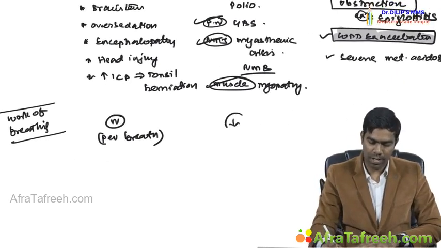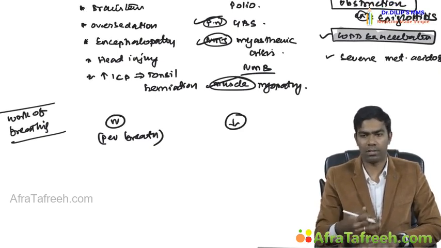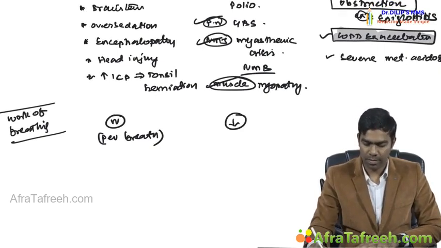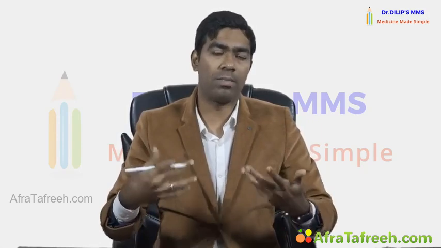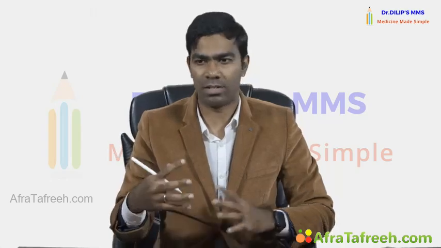Whereas in neuromuscular paralysis, the work of breathing will definitely be reduced because they cannot take sufficient tidal volume. But here it will be very, very high, because it's a sign of fatigue, which means they are breathing so fast and deep, and they are not able to cope with that. So it's a sign of fatigue. So work of breathing will be very high, because it's an exhaustion-related type 2 respiratory failure. So the work of breathing has to be high to cause that exhaustion. So work of breathing will be high. That's what we have been talking about.